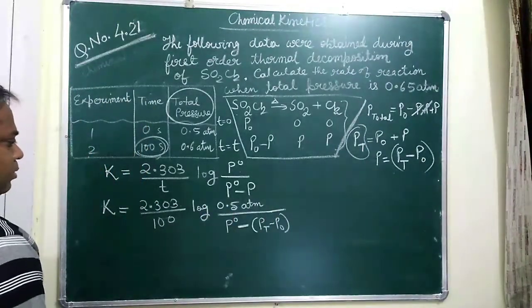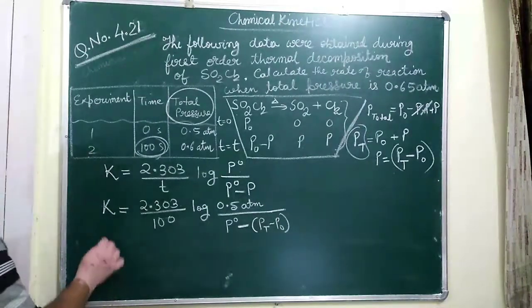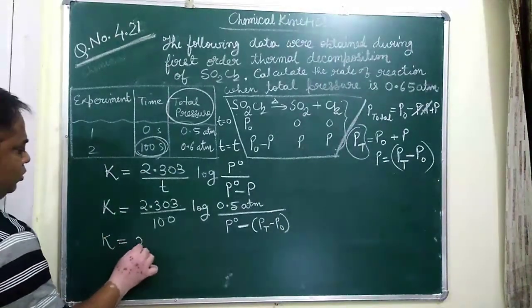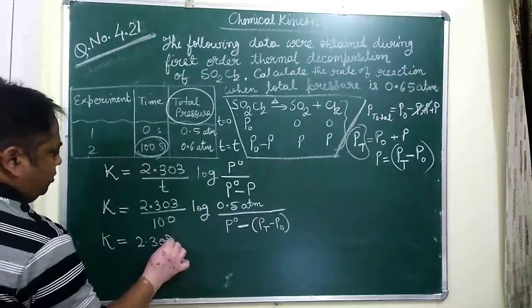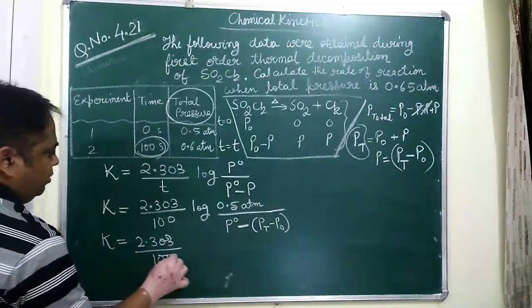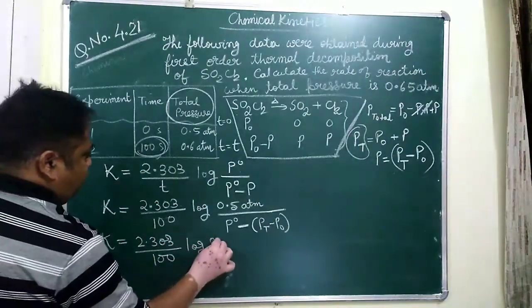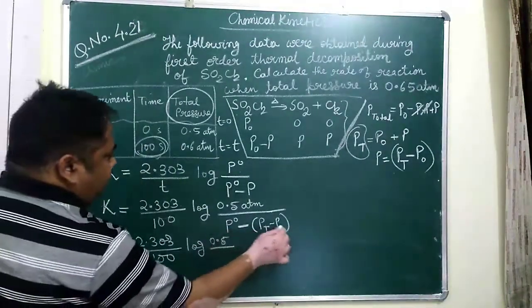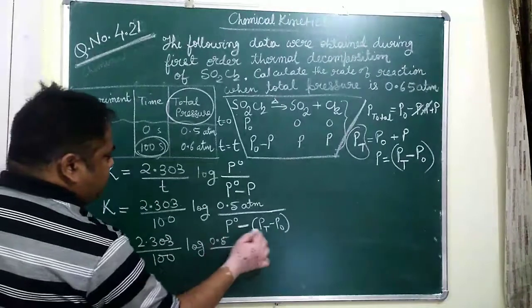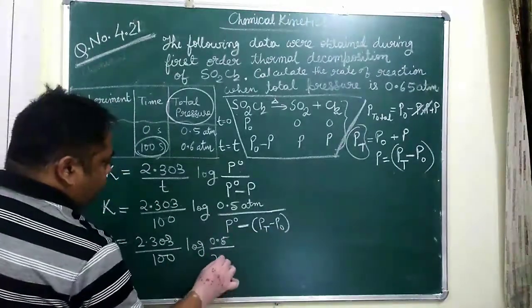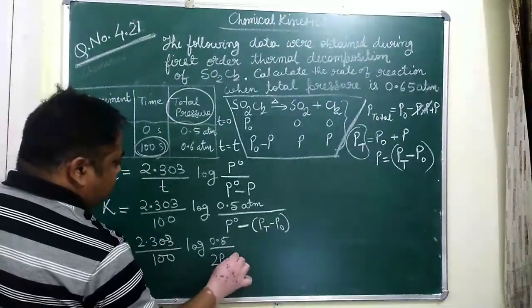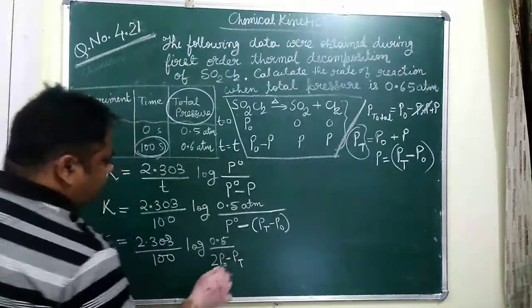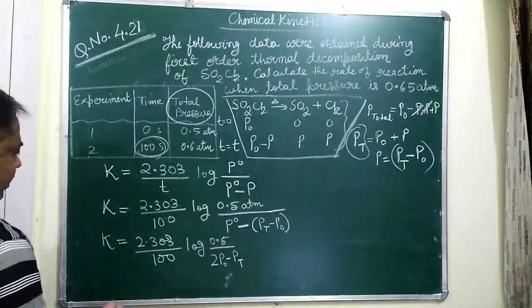If I open this up, this becomes plus P0, so 2P0 minus Pt. Both of these values are known to us, and hence we can find the value of K.